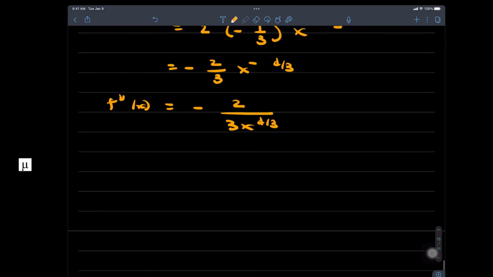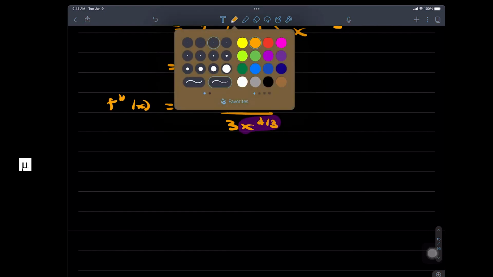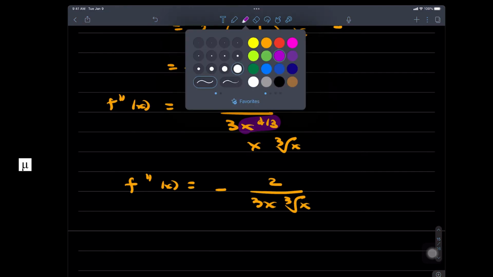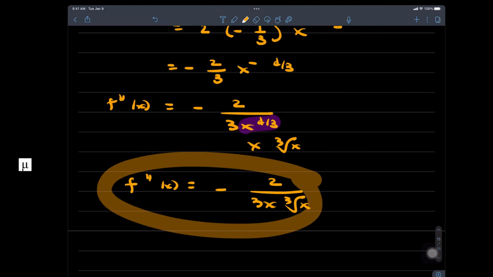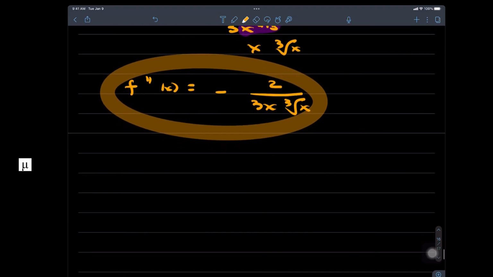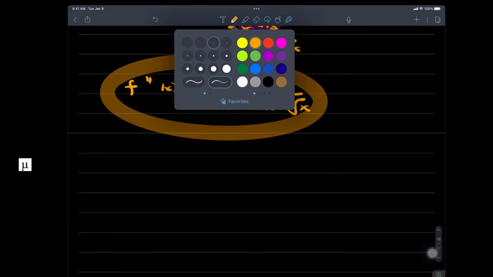So do you guys remember when I shared with you how to simplify this? How do you simplify that? Isn't that x times the cube root of x? So that second derivative is negative 2 over 3x cube root of x. Double check, ladies and gentlemen, that I have that correct, because for sign analysis, you guys know what that means?